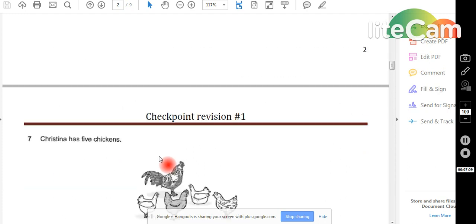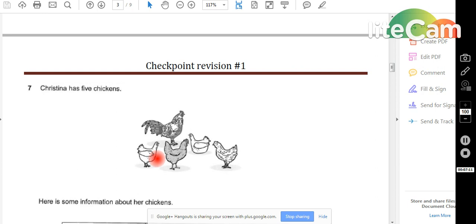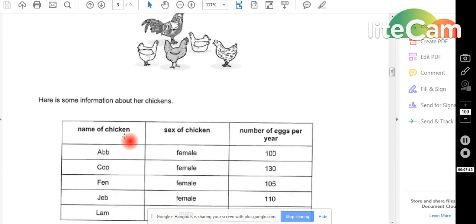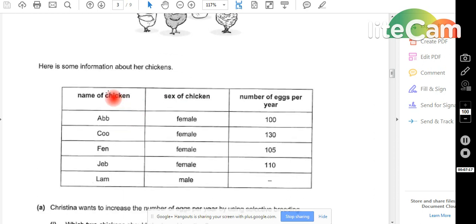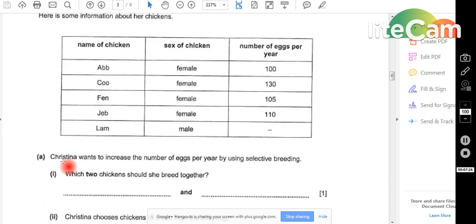Okay, next question. Christina has 5 chickens. Here is some information about her chickens. So there's the names of the chickens, the sex of the chickens, and the number of eggs that they lay per year. Christina wants to increase the number of eggs per year by using selective breeding.